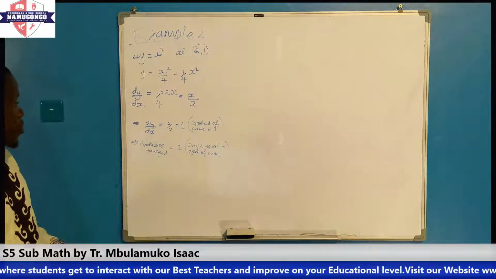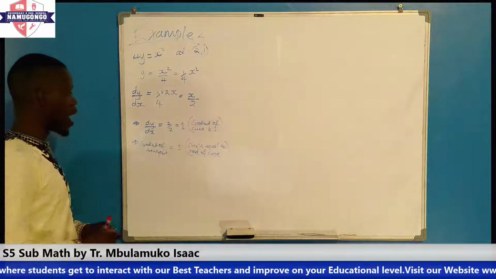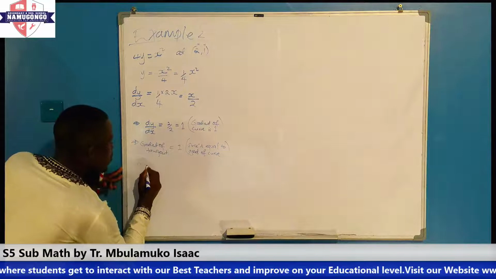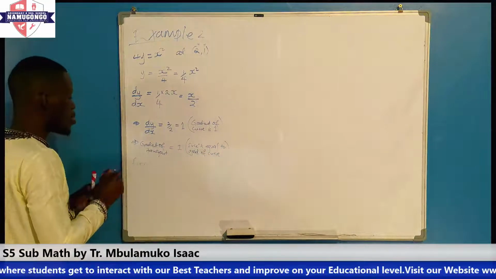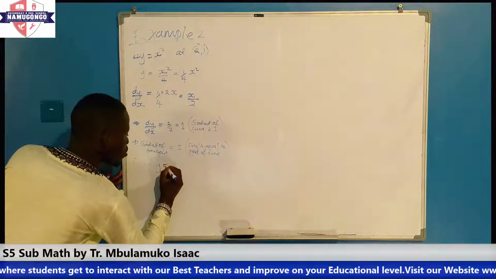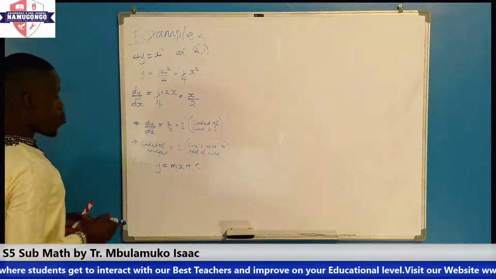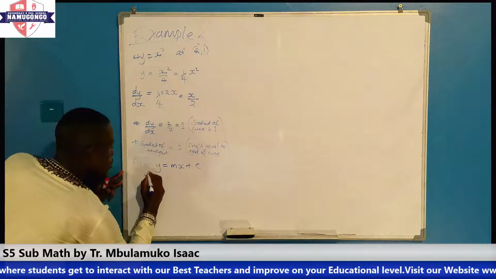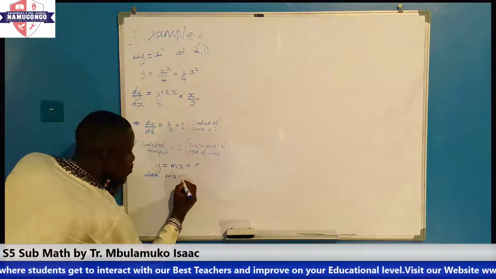So what next? The other thing is now to find the equation of the tangent. How do we do this? We are going to use the equation of a straight line, which is y is equal to mx plus c. What do we have? m is our gradient, and it is equal to 1.